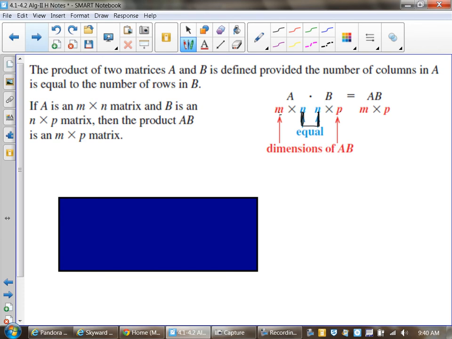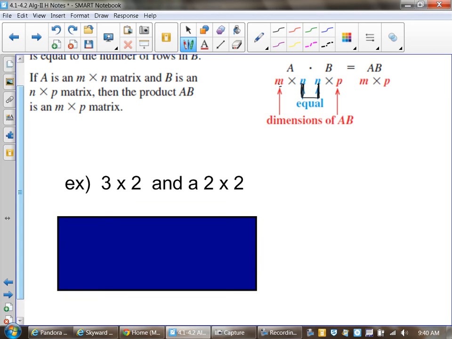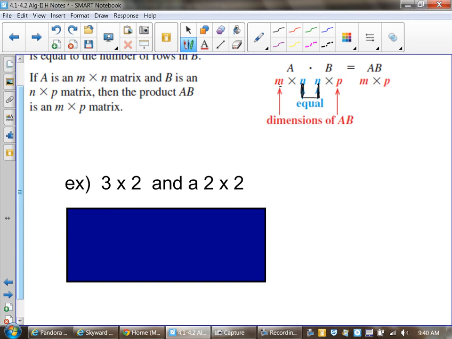That's the weird part. So, for example, if you have a 3 by 2 and a 2 by 2, you have 3 rows, 2 columns, and 2 rows, 2 columns. You can multiply those two together because these are the exact same number. If those two weren't the same number, you can't do it. It's impossible. The result matrix is going to be the other numbers, the 3 by 2.